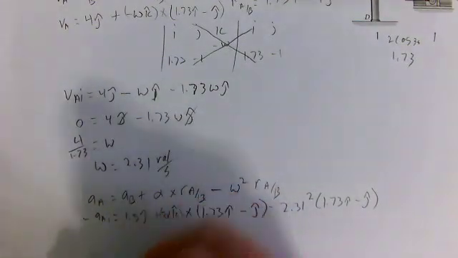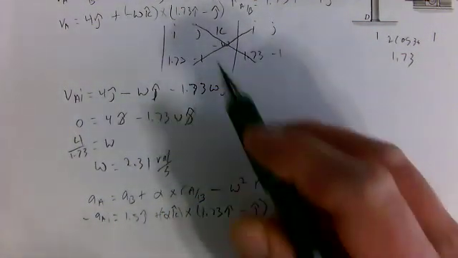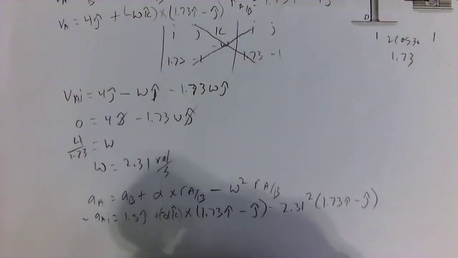Multiplying everything out, the cross product is the same as before, just with alpha instead of omega.